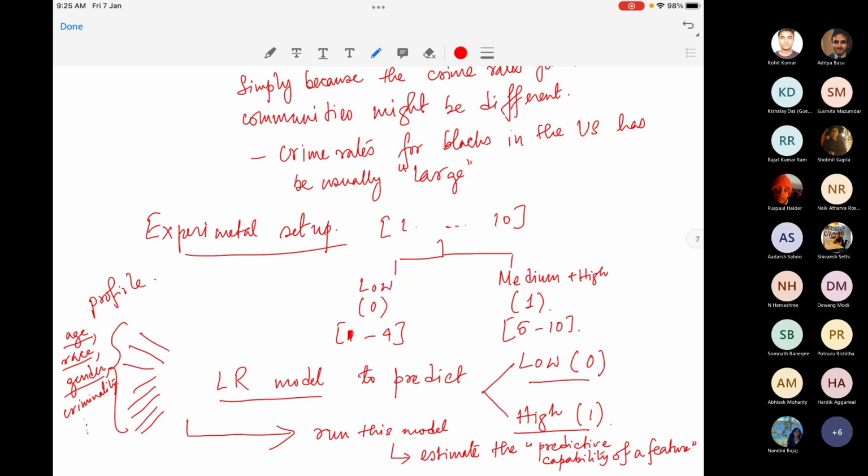And what do they see? Do you know how to measure the predictive capability of features?